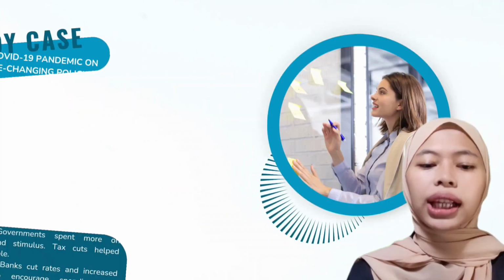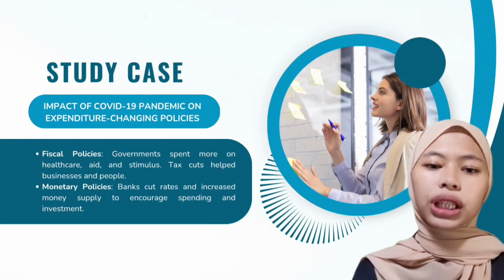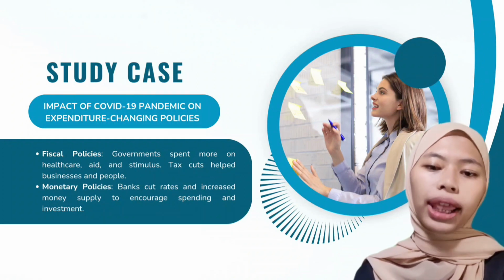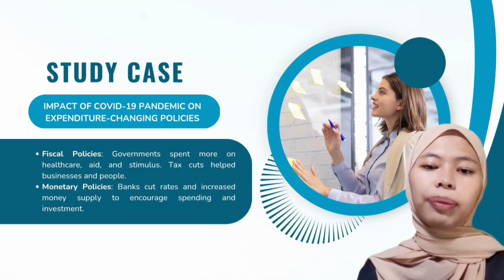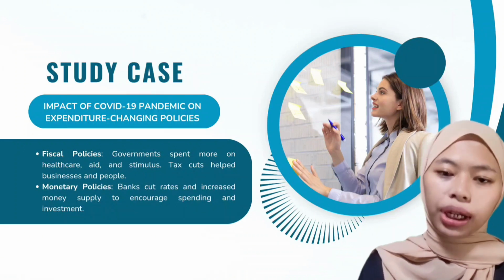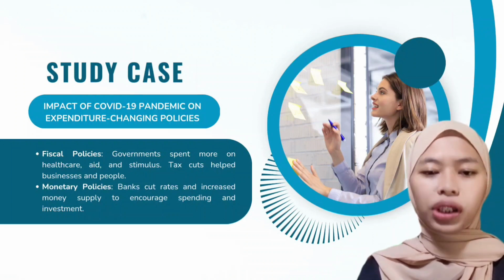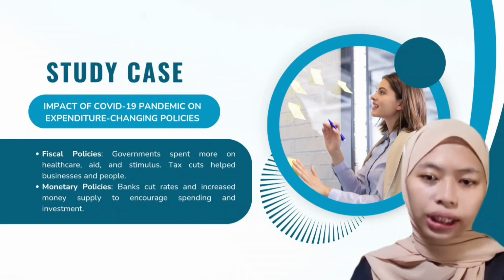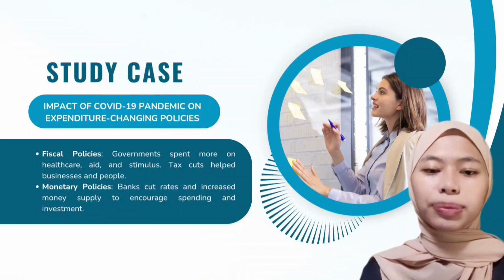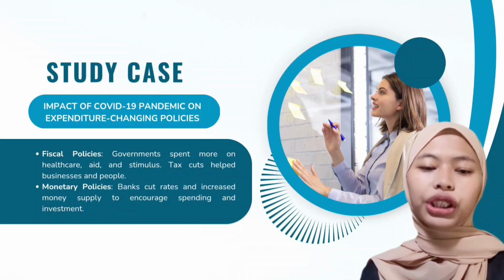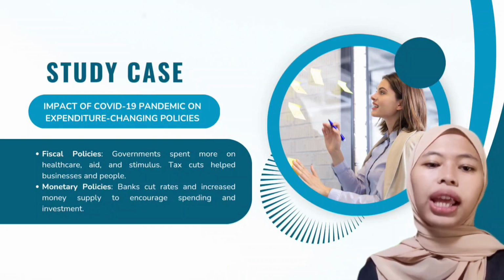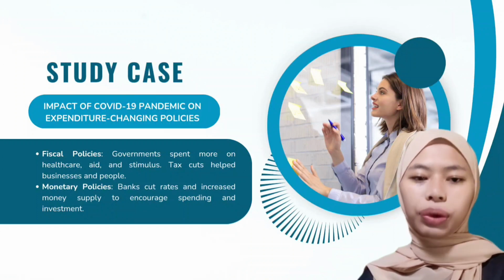For example, the COVID-19 pandemic led to significant changes in expenditure-changing policy as government worldwide implement measures to address the economic impact of the crisis. Fiscal policies: many governments introduced expansionary fiscal policy to stimulate their economies. This involved increased government spending on healthcare, social support, and economic stimulus package. Additionally, some countries implement tax cuts to provide relief to businesses and individuals.